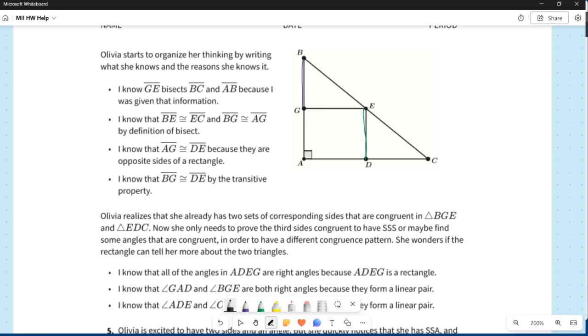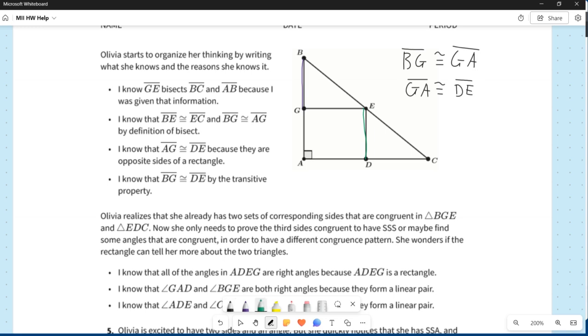And just to clarify, we were already told that BG is congruent to GA because that long side got bisected. And then due to the fact that they're both opposite sides of a rectangle, we were told that GA is congruent to DE. So BG is the same thing as GA, and GA is the same thing as DE.